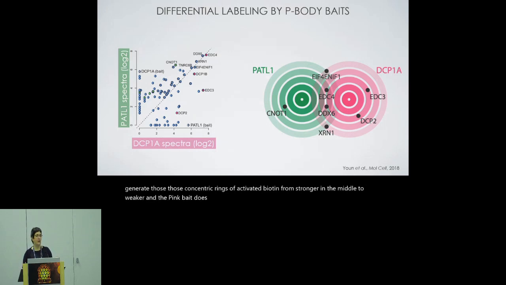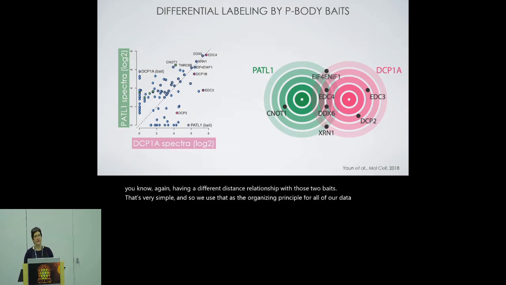So those proteins that fall on the diagonal, and this is just conceptual, we haven't normalized anything, would be expected to be equidistant to both baits, with stronger labeling happening when they're actually a bit closer. And then you could imagine that the proteins that are labeled better by one or the other would again have a different distance relationship with those two baits. So that's very simple, and so we use that as the organizing principle for all of our data.